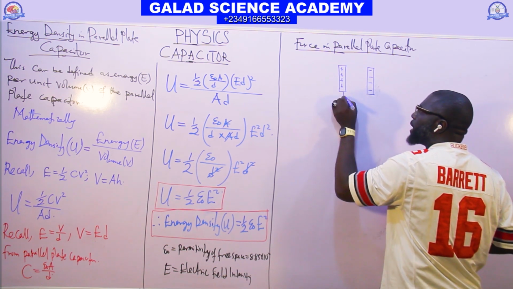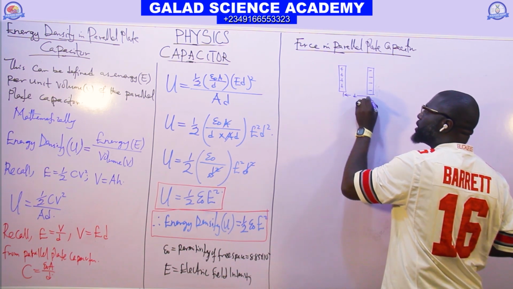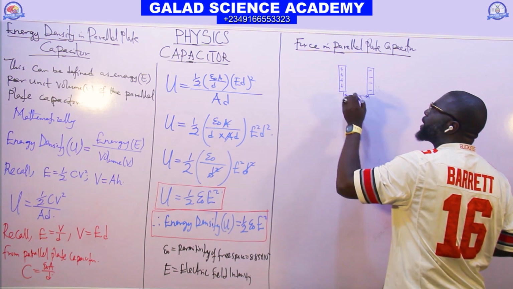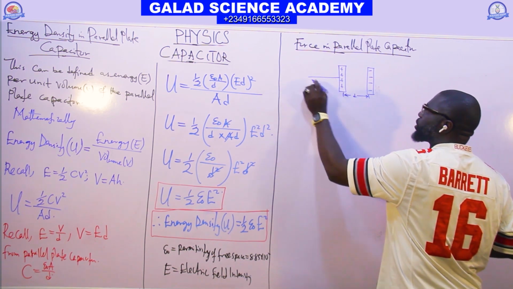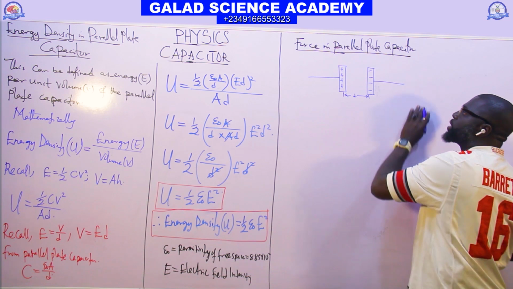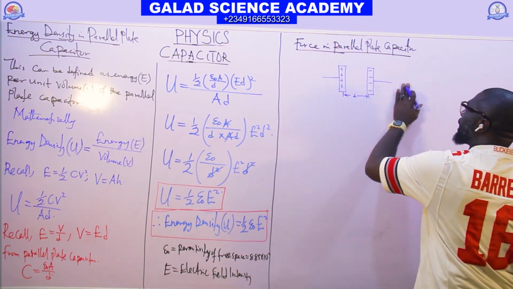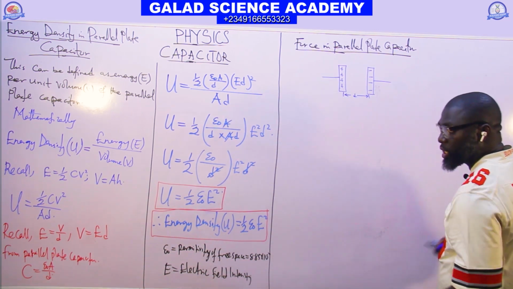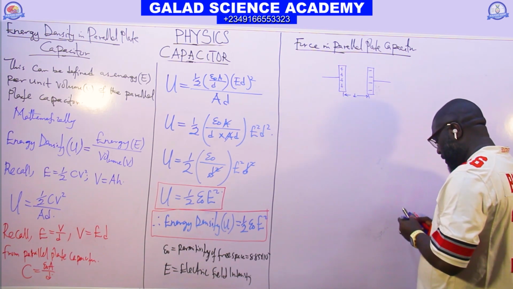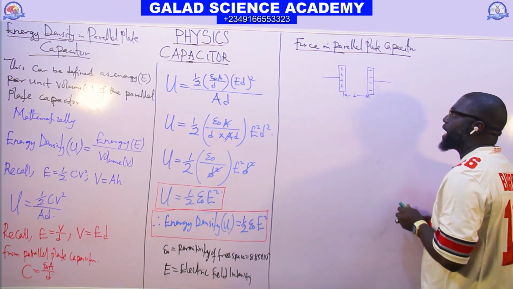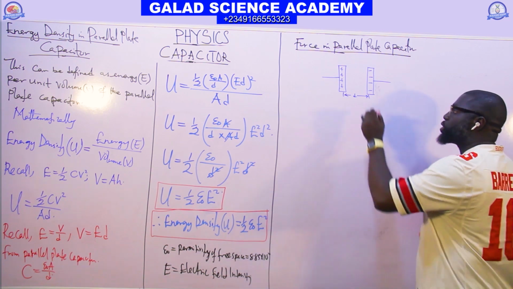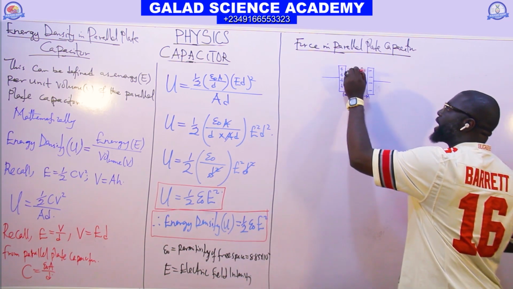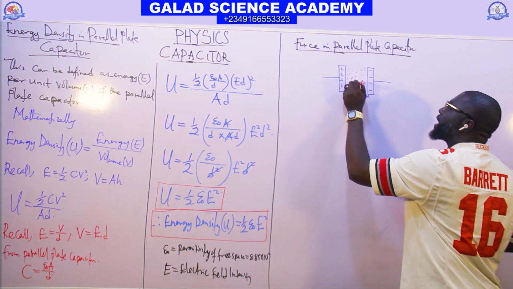Between them is the distance D, and we have a wire that connects them to the circuit. And don't forget that we have this thing in the middle.